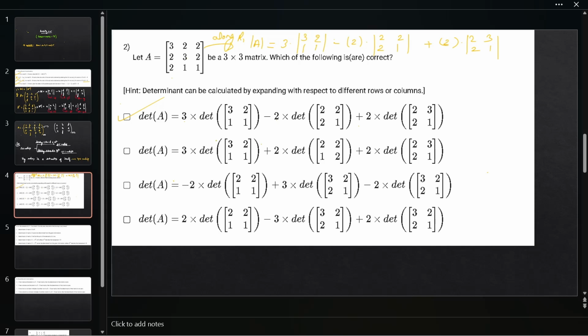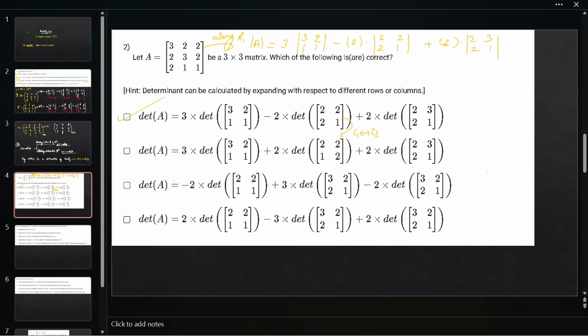Now moving on to option 2, I can see that the first term is the same as option 1. The last term is also the same as option 1. The only difference lies in the second term, where the signs are different and a column has been exchanged. Here 2 1 is column 2, but there 2 1 is column 1. To go from one to the other, I am just interchanging the positions of column 1 and column 2.